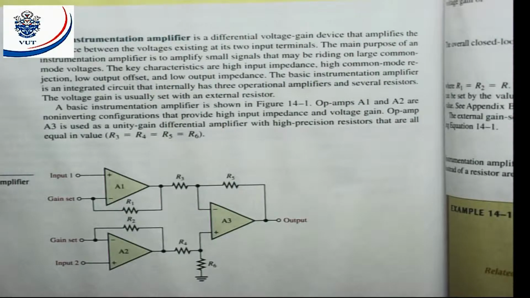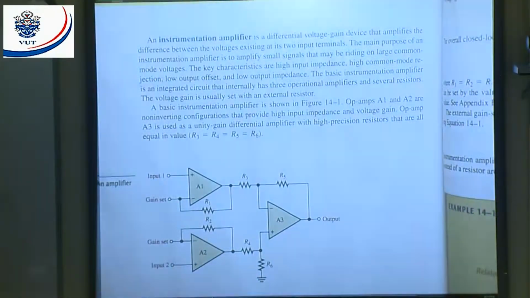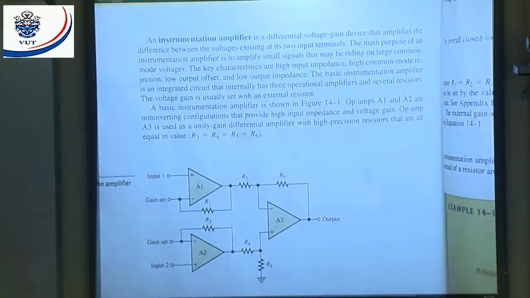The basic instrumentation amplifier is an integrated circuit that internally has three operational amplifiers and several resistors. The voltage gain is usually set by an external resistor. You can put an external resistor here, and that's the gain setting resistor. The basic instrumentation amplifier is shown in figure 14.1. Op-amps A1 and A2 are non-inverting configurations that provide high input impedance and voltage gain. Op-amp A3 is used as a unity gain differential amplifier with high precision resistors that are all equal in value.